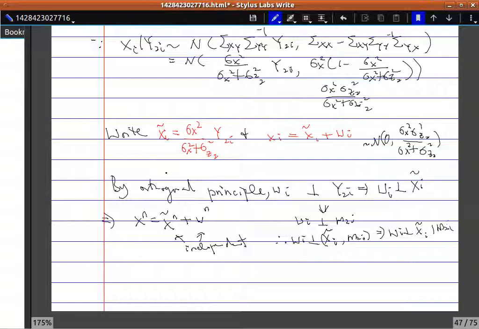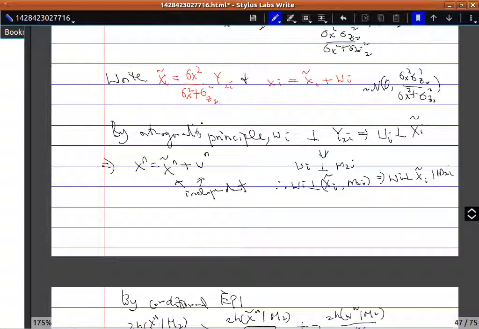And by the orthogonality principle, this error w will be perpendicular to the observation, basically the y here. Because it's perpendicular to y2, it will also be perpendicular to x, because x is just a linear combination of y.